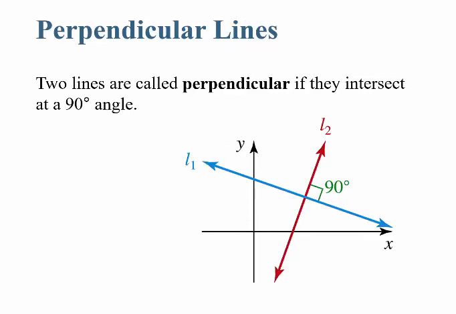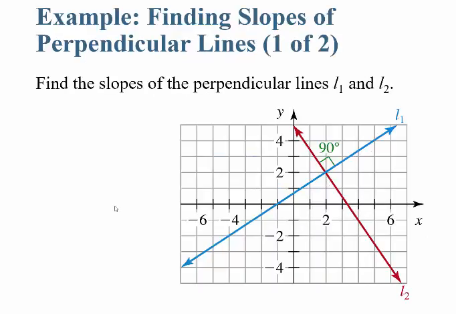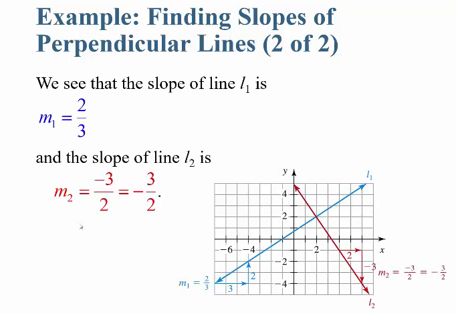All right, let's talk about perpendicular now. Two lines are called perpendicular if they intersect, and the way they intersect very specifically has to form a 90-degree angle. So if L1 and L2 intersect and we have a 90-degree angle here, boom, they're perpendicular. Let's see what we notice. Let's find the slopes of the perpendicular lines L1 and L2.